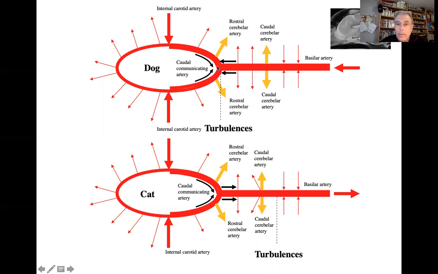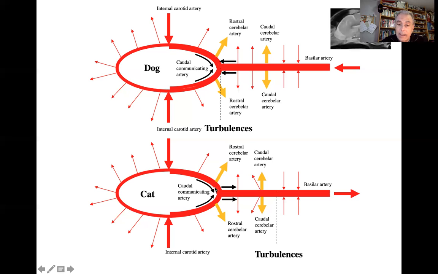And from the point of joining of the caudal communicating artery with the basilar artery, you see branches at this level of the rostral cerebellar artery. So maybe these animals are prone to have turbulences that may alter the flow of the blood in this area. The most proximal artery here is the rostral cerebellar.